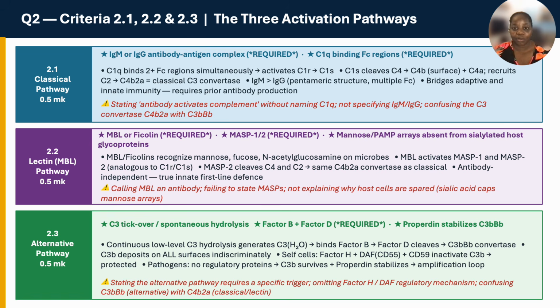Bacterial surfaces do support alternative pathway amplification, but they are missing the mechanism inside that pathway's activation. Also in that pathway, the discrimination between self and non-self is regulatory, not trigger based.